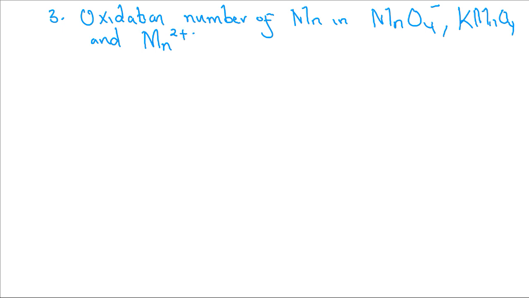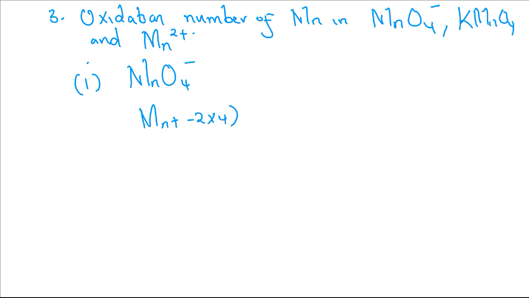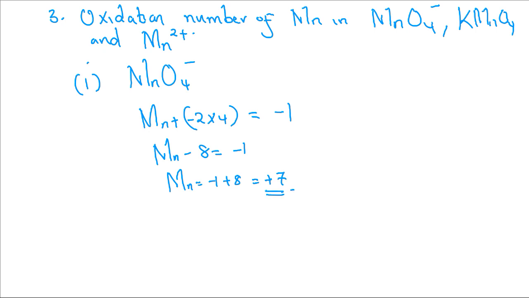Let's start with the first one. In MnO4-, that will be Mn plus -2 times 4. Overall charge is -1. That is Mn - 8 equals -1. Mn is equal to -1 plus 8. That gives +7. Hence the name manganate 7 ion.